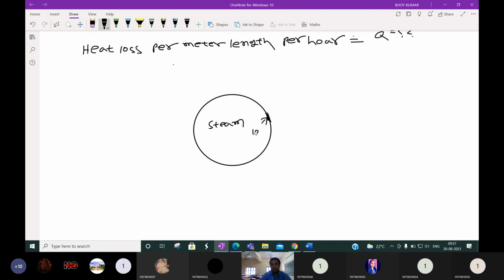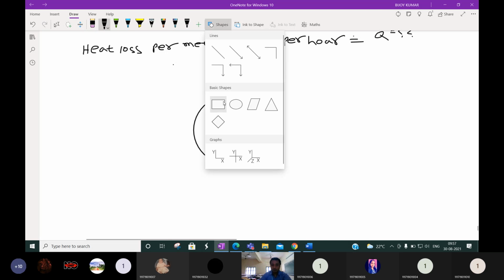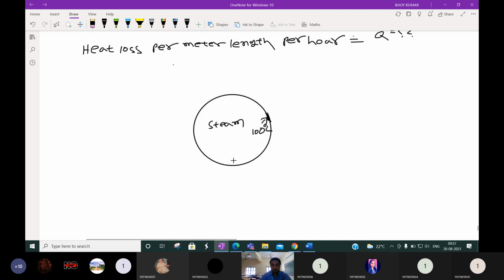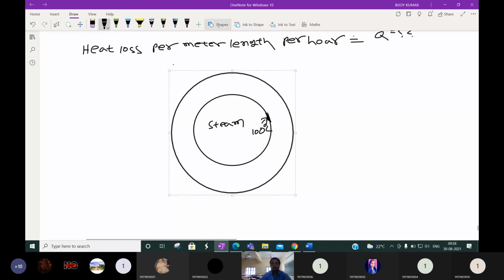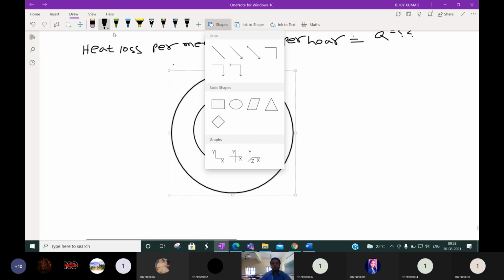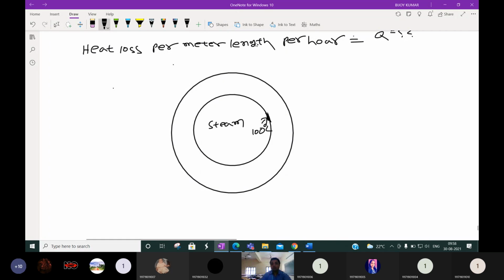It is given 100 degrees centigrade. Suppose this is the earth surface.